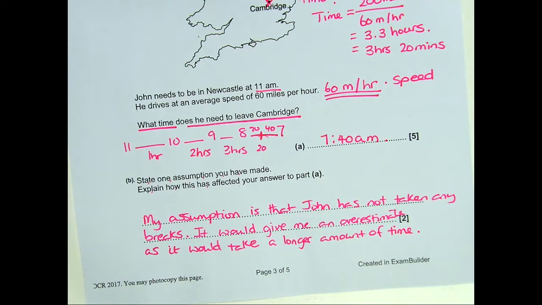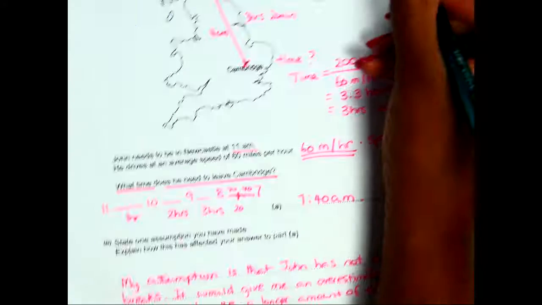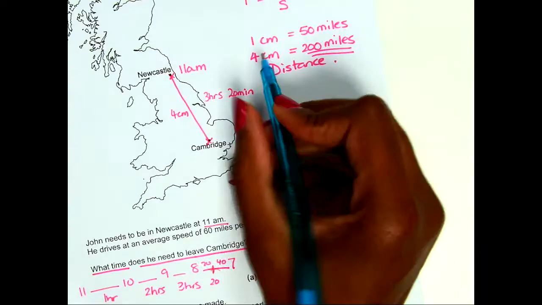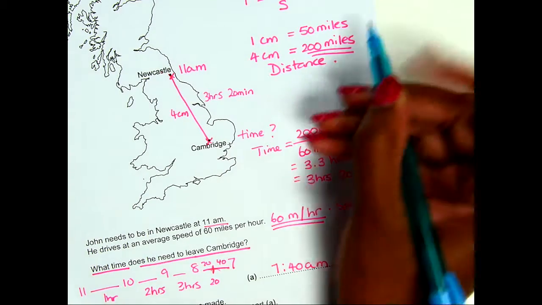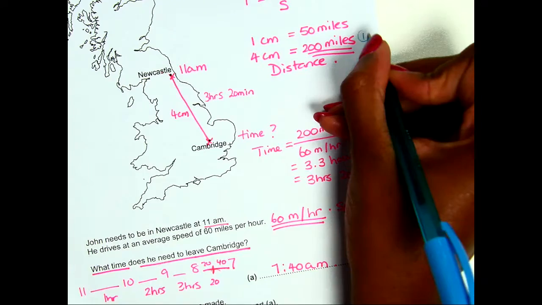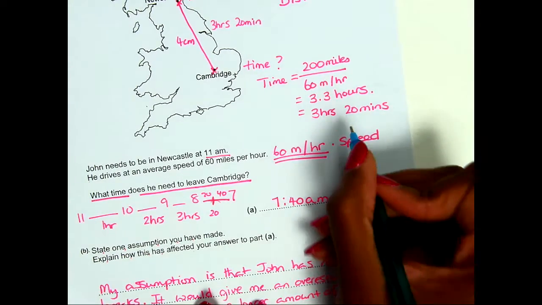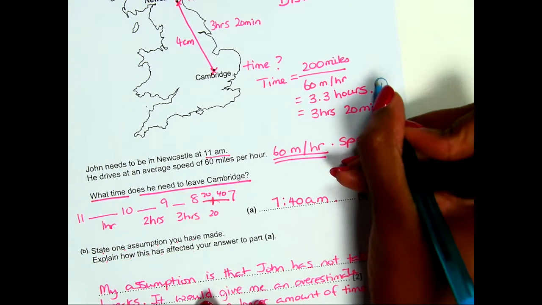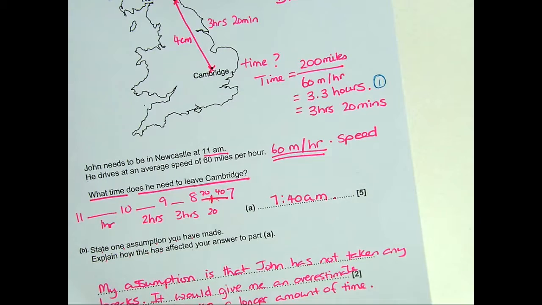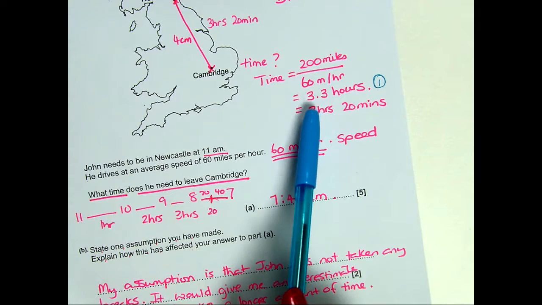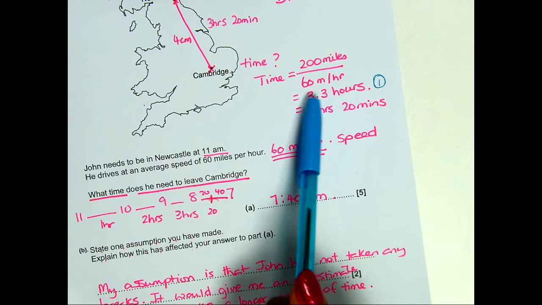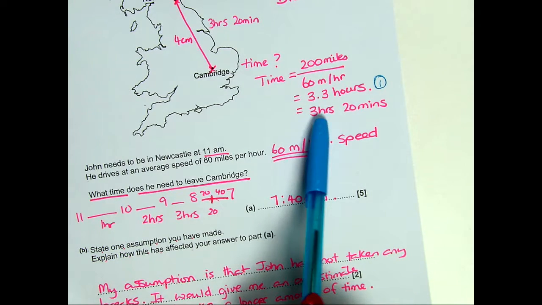Okay, so once again, let's look at the mark allocations because that's really important. You get 1 mark for converting 4 centimeters to 200 miles. Okay, you get 1 mark for working out the amount of time. Okay, you get another mark for converting the hours into hours and minutes.